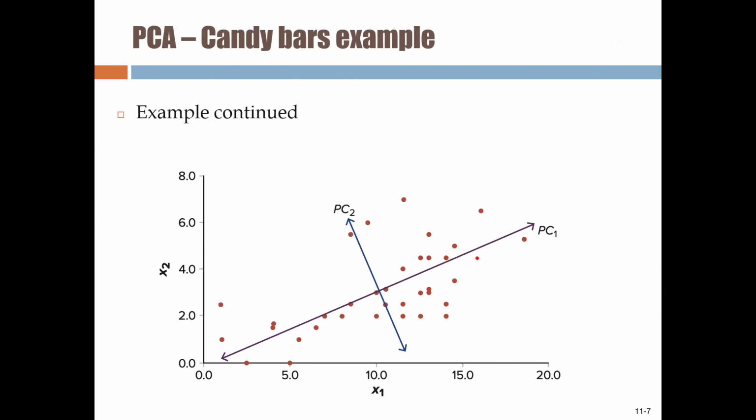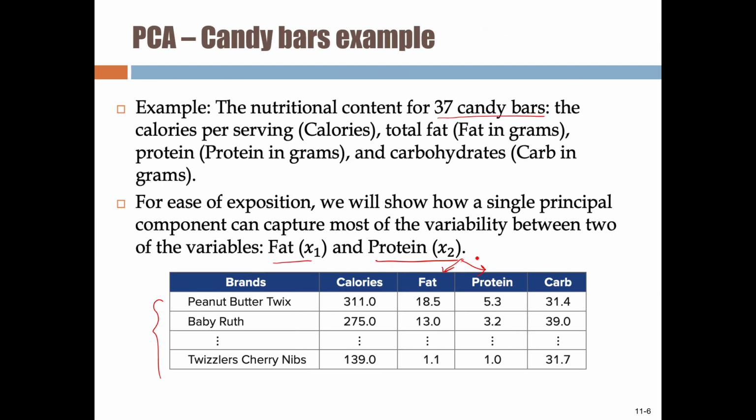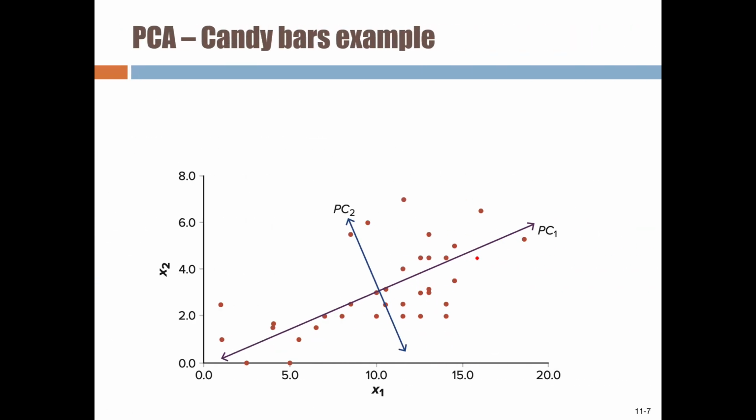So let's look at only two variables, fat and protein. Fat is a number like 18, and protein is like 5. This is the protein axis, and this is the fat axis. You can see this is the plot, but what if we change our axis to here?